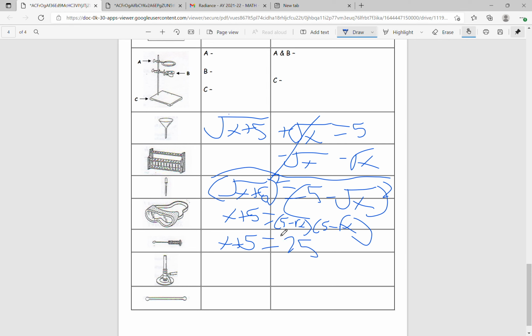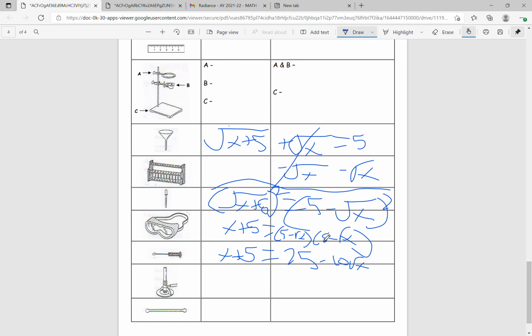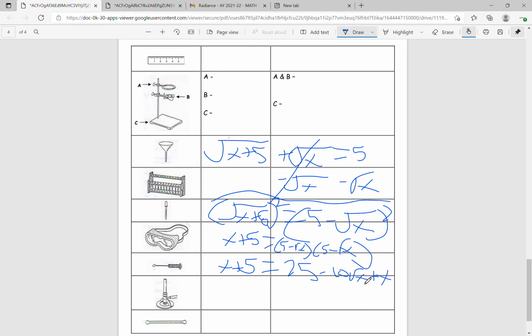We get negative 5 root x, and then also negative 5 root x, so this is negative 10 root x. And then negative root x times negative root x is positive root x squared, and the square root of x squared is simply x.